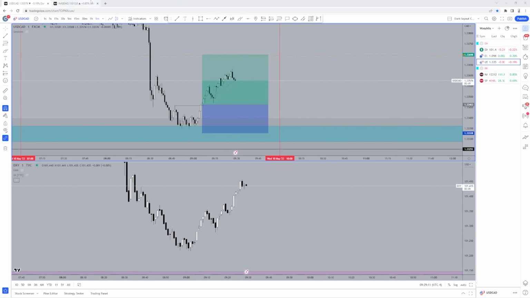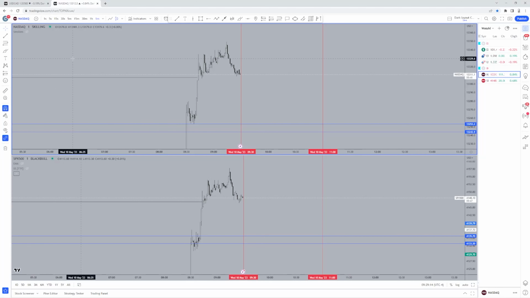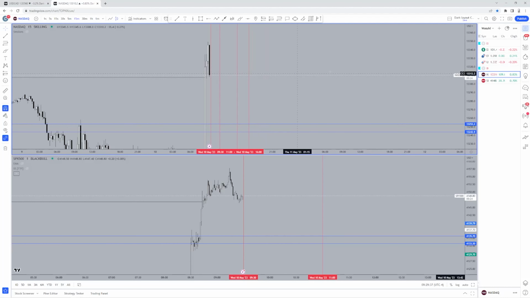Very good. And now we have Nasdaq and SPX500 right here. And we want to see our points of interest.